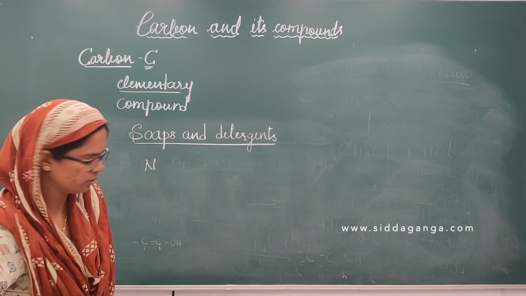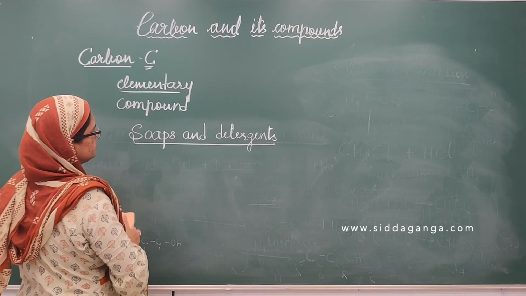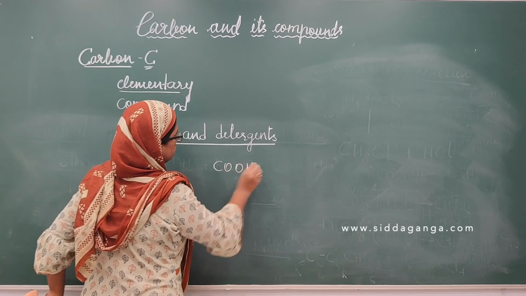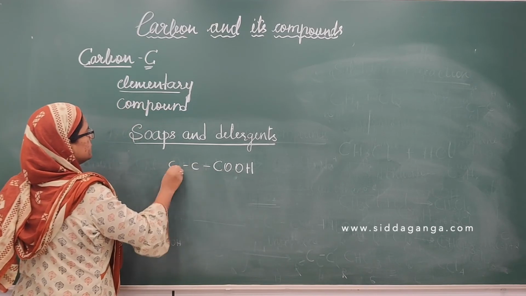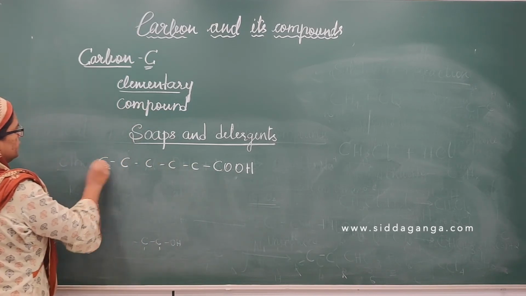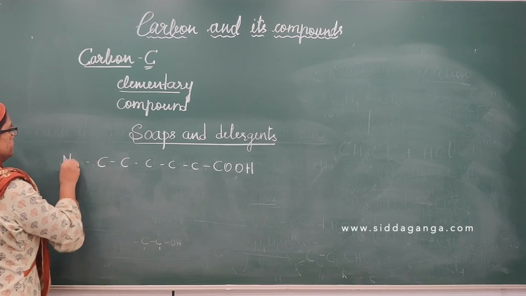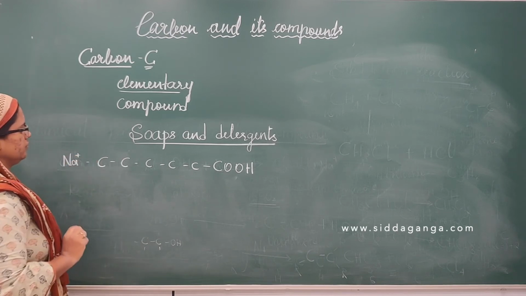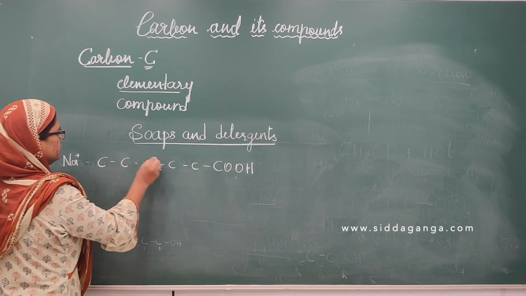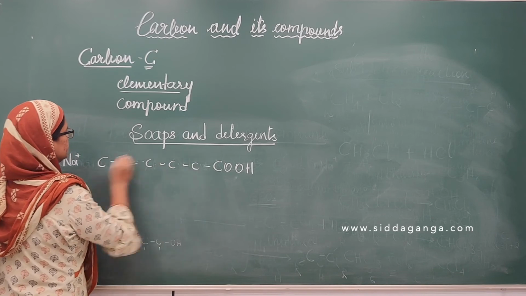Here, carboxylic acid group, we know, COOH group. To this, a number of carbon atoms will be attached. Here only a few I have written. There will be many carbon atoms.